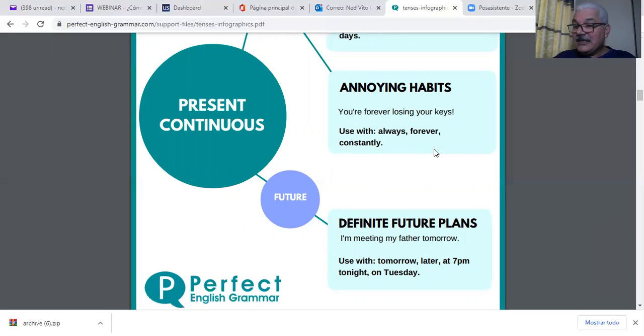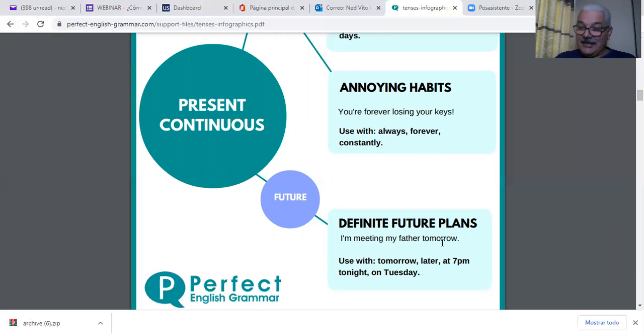And of course, in that way, you will lose your keys. But this will be a permanent action later. Now it is an annoying habit, the way you use that. So you are forever losing your keys. Notice that I am warning you because of that, okay?